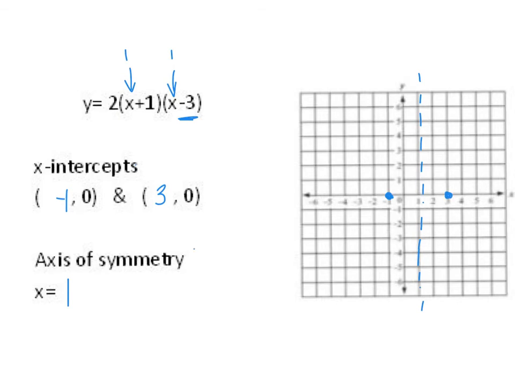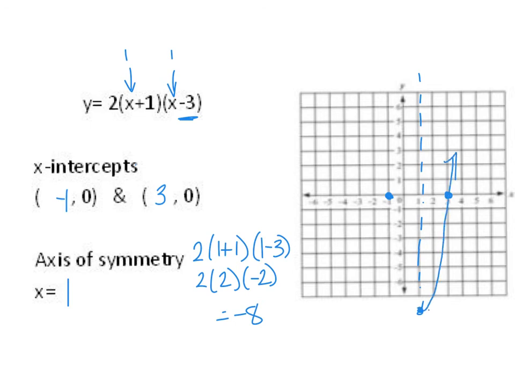If I plug in 1, I get 2 times, let's see, 1 plus 1, and then 1 minus 3. So I get 2 times 2 times -2, and if I multiply those out, I get -8. So if I look at that, the bottom of this graph is -7, so go down about 1 more, and there's -8, and I can sketch in my parabola real quick.